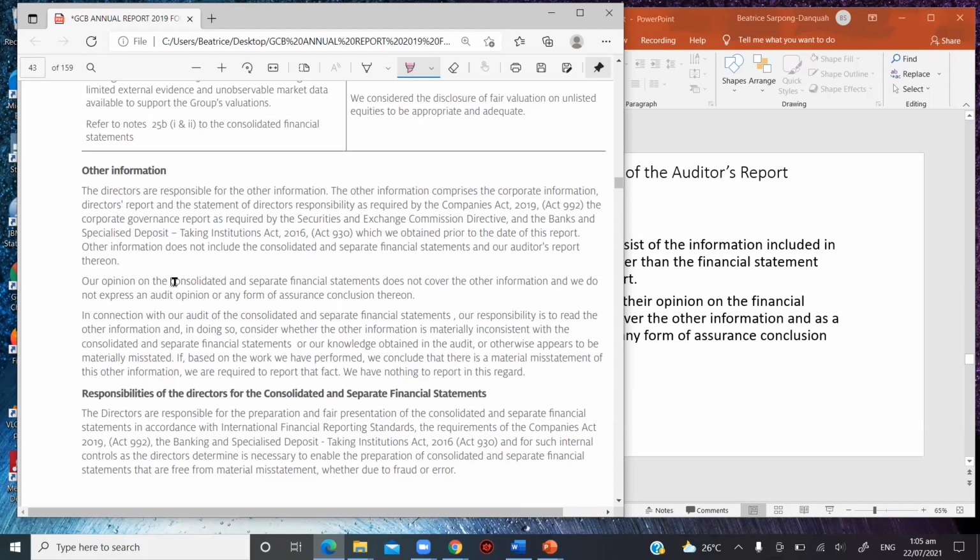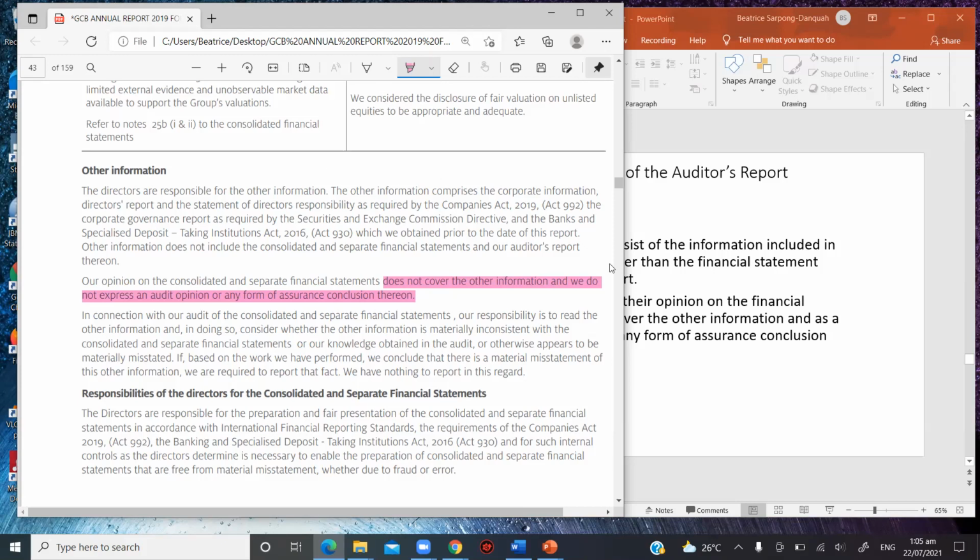Our opinion on the consolidated and separate financial statements does not cover it. So this is the statement I'm interested in. Our opinion does not cover the other information, and we do not express any form of opinion or any form of assurance thereon.